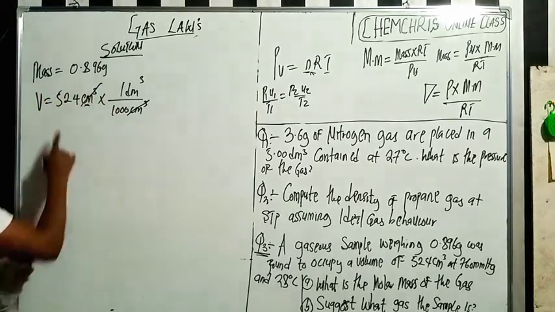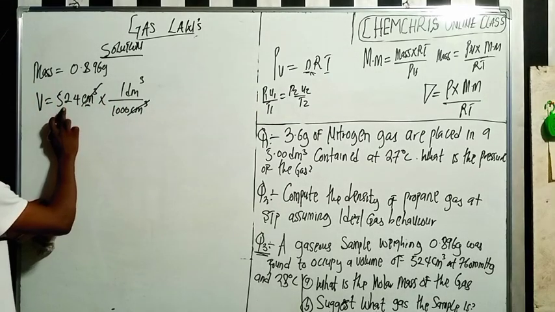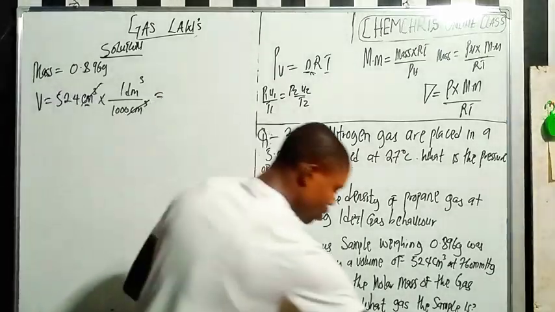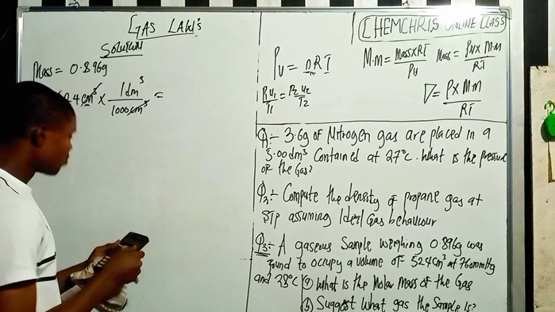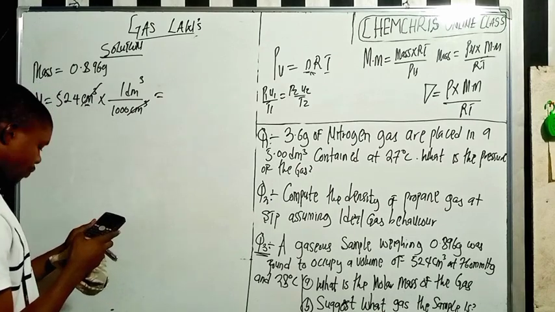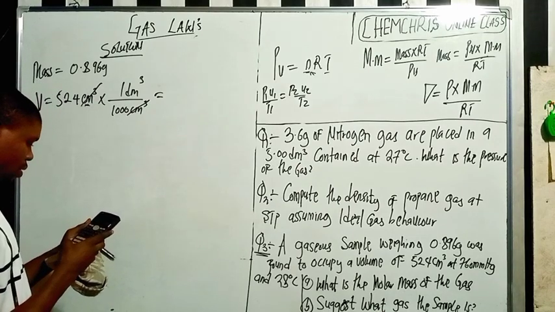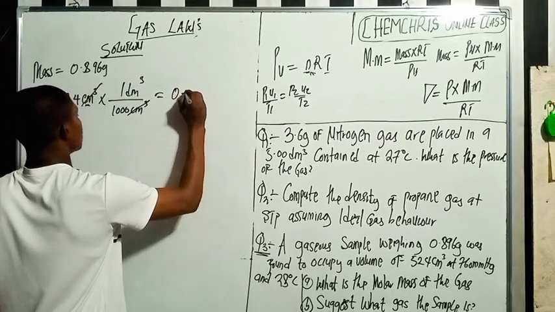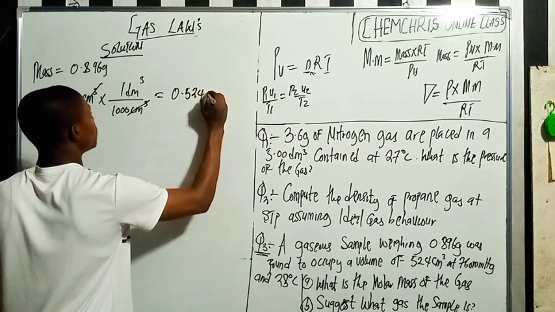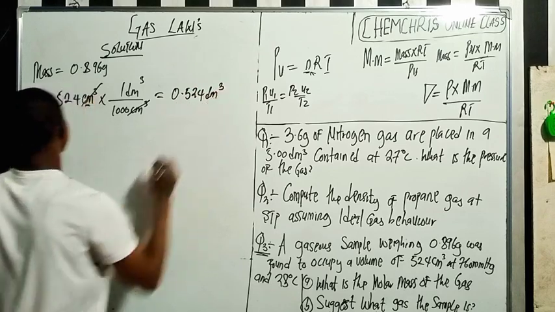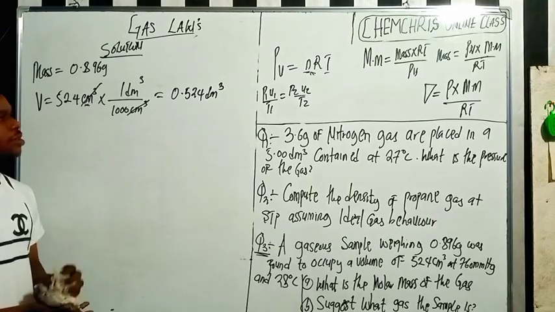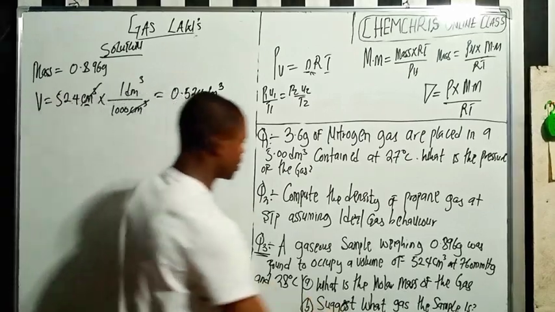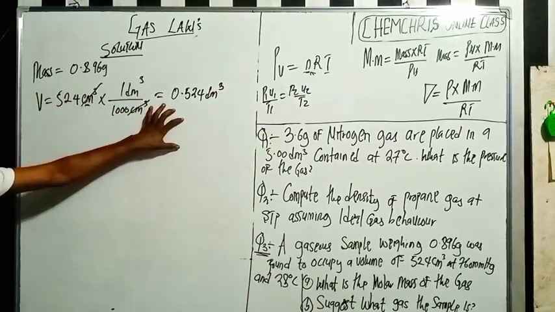So what you have here is 524 times 1 divided by 1000, which gives 0.524 dm cube. So that is the volume.